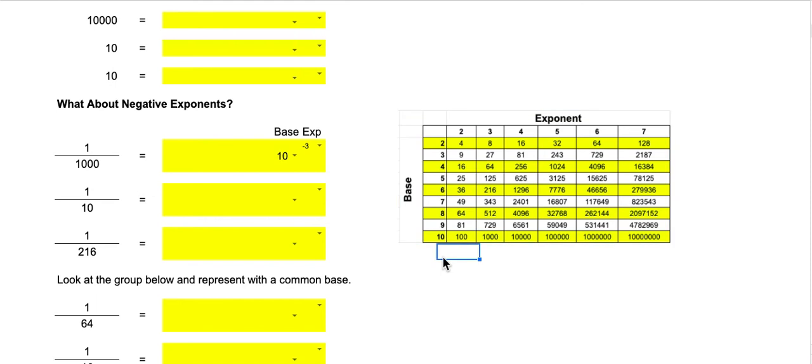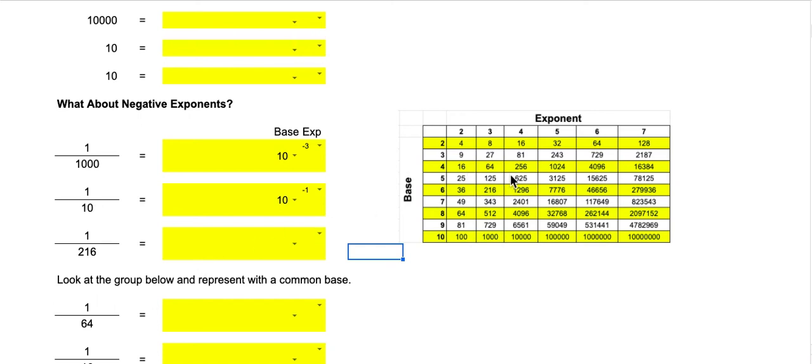How many times do we have to multiply 10 by itself to get 10? Well, once. So I know this number here is going to be 10. But I have to think of it as also having an exponent of negative 1, because 1 over 10 means divide by 10 once, just as we talked about.